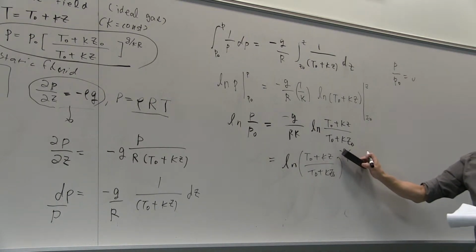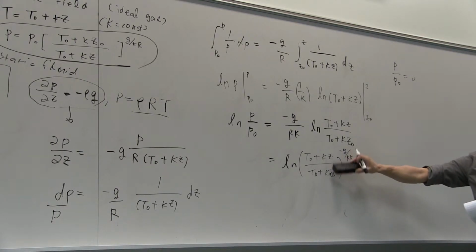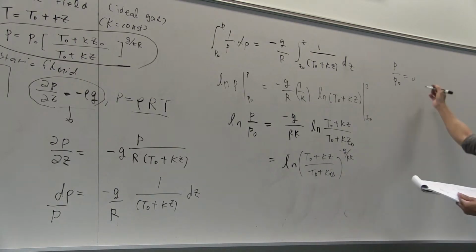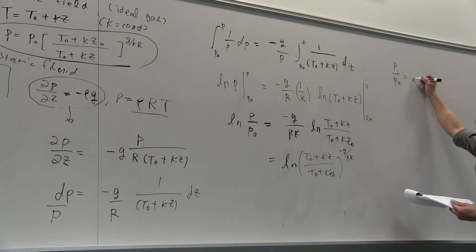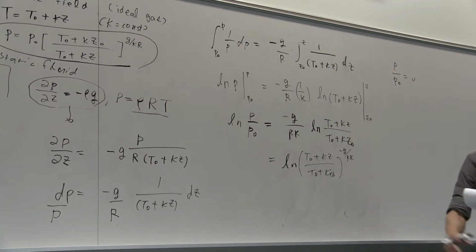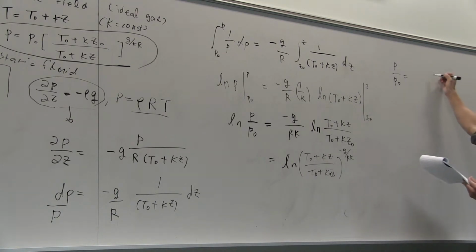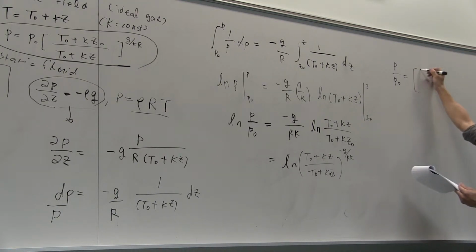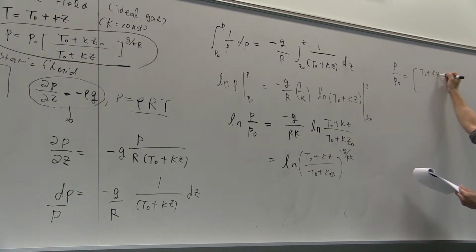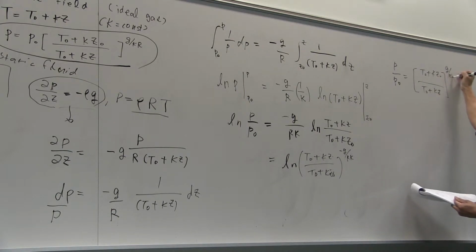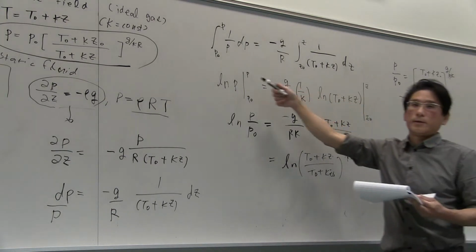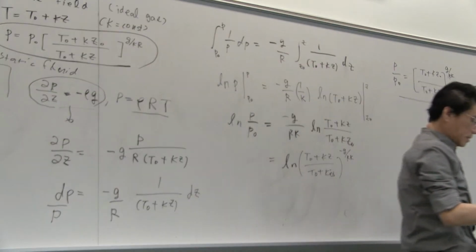However, the power is negative, so if you change it to positive, it becomes the reciprocal. So you get (T naught plus k z naught) divided by (T naught plus k z) to the power of g over R k. This is the answer.